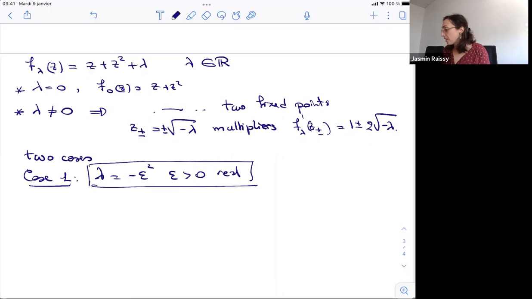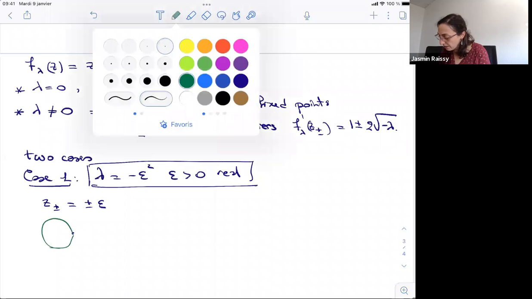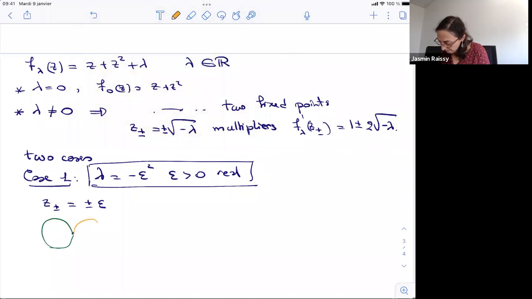And in this case, the fixed points are plus and minus epsilon. So I went to this situation where I'm trying to be consistent with my notation of colors, where I had, and that's with drawing, this was my attracting part and this was my repelling part.